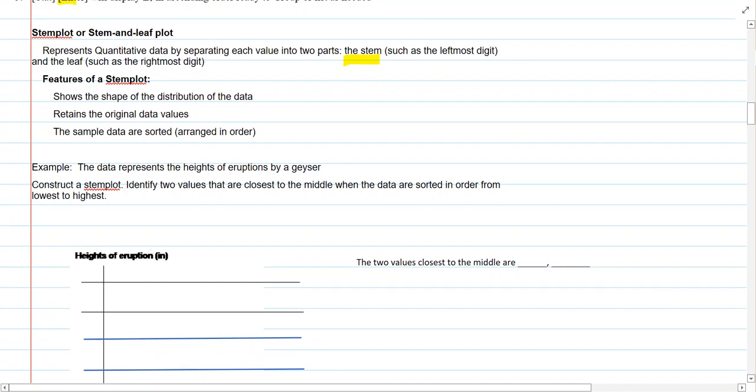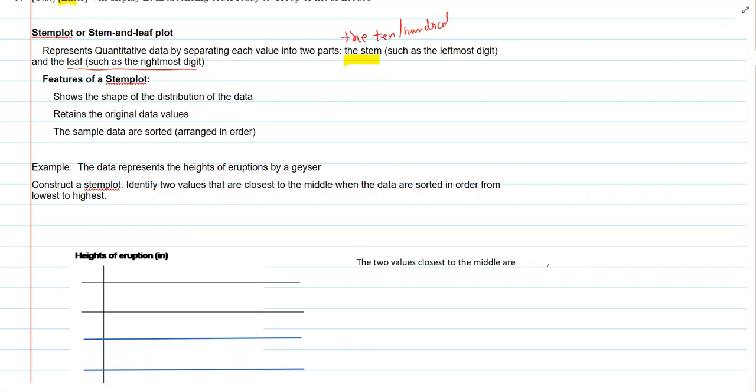The stem is the tens or hundreds values, the leftmost digits, and the leaf is the last digit of the number, in ascending order. Now, what is a stem plot? It's another way of looking at a histogram, but using digits.